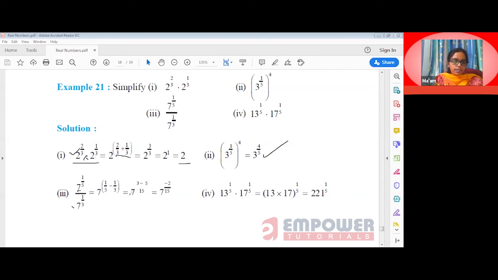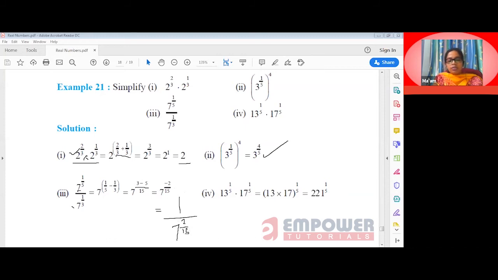Since I don't have the same denominator, I will make the denominators equal, and only then will I be able to add or subtract my numerators. So I will get 7 raised to 3 minus 5 upon 15. This will be equal to 7 raised to minus 2 upon 15, or I can also write it as 1 upon 7 raised to 2 upon 15.